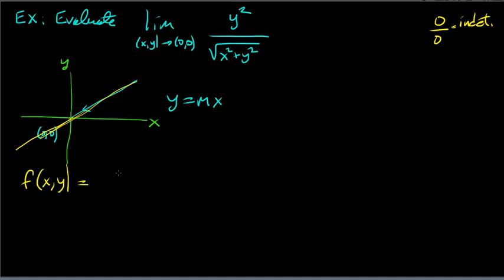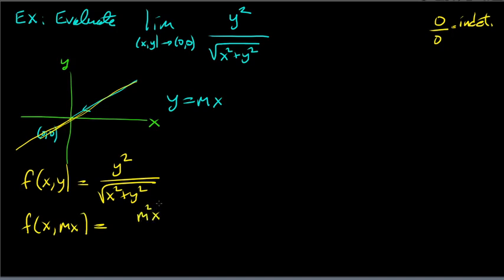So our function f of x, y is y squared over the square root of x squared plus y squared. And now we're just going to make the following substitution. Instead of y, we'll use m times x. So you're going to get m squared times x squared in the numerator. You're going to get the square root of x squared plus m squared times x squared in the denominator.